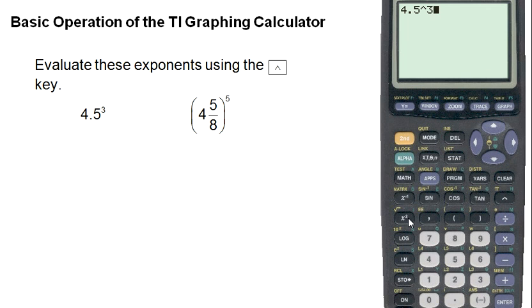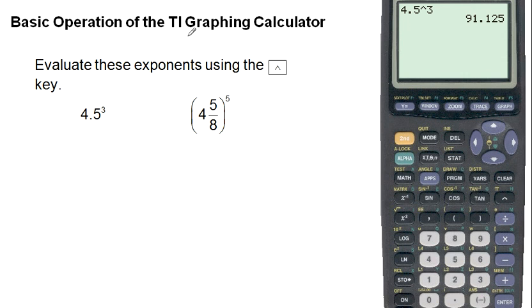If you have a more recent calculator than I have, that would actually show the exponent up in the exponent position. You would need to use the right arrow to get back down to the typing line. And then you hit enter, and there's the value, 91 and 125 thousandths.